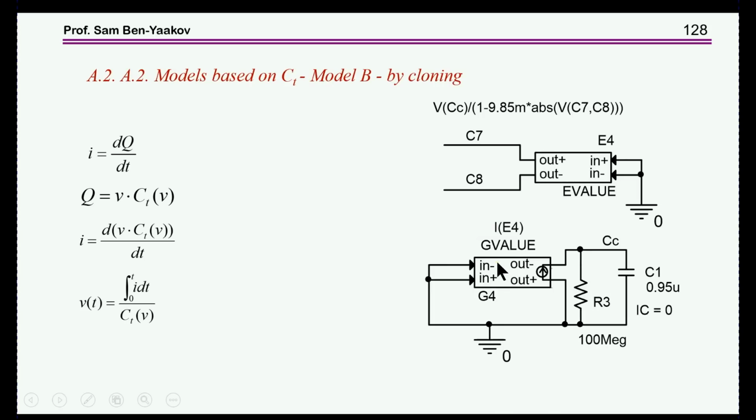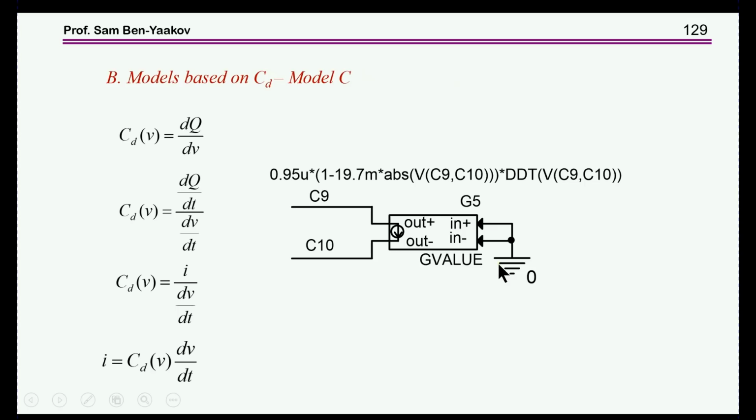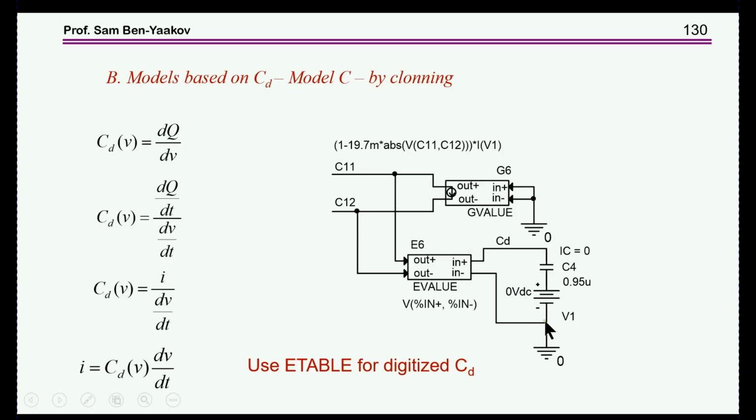I have other options, and in the interest of time, I'm not going through all of them. I'll just pick one more, which is representative of some of them. This one is different from what we have said before in 2 respects. One is that I'm using C sub D, the local capacitance, as the parameter I'm working with.